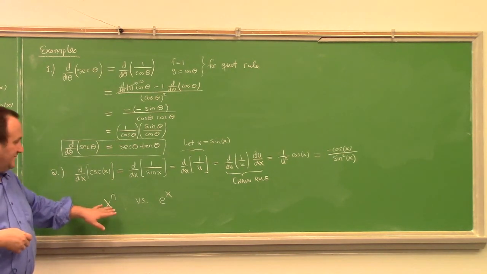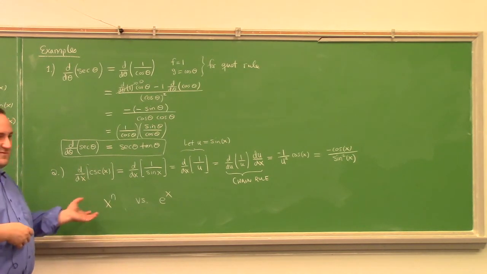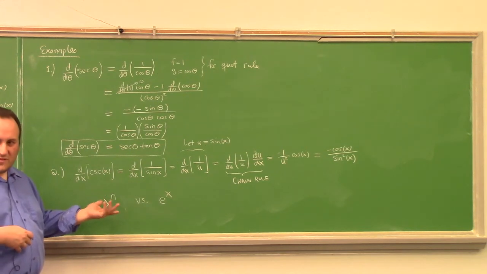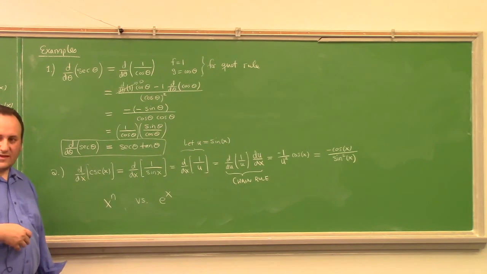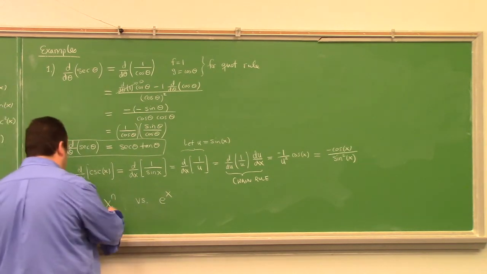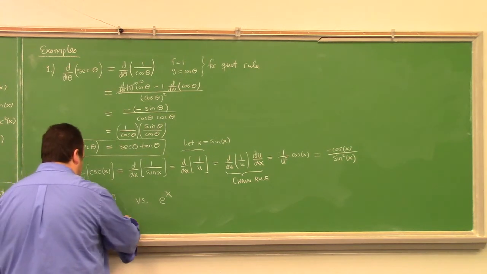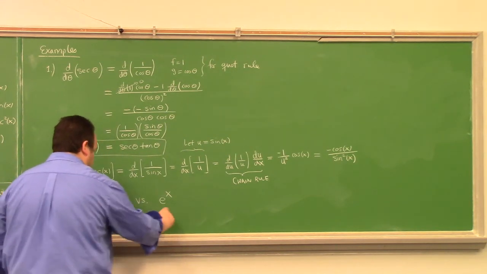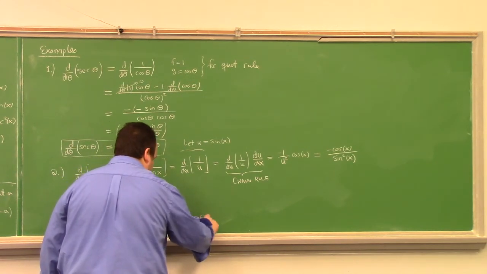But these are fundamentally different in the way they differentiate, even though they're kind of part of the same formula, right? Something to a power is the underlying pattern there, but where the variable is matters, and the way they differentiate is different, right? Like d dx of x to the n is nx to the n minus 1. d dx of e to the x is, well, e to the x.